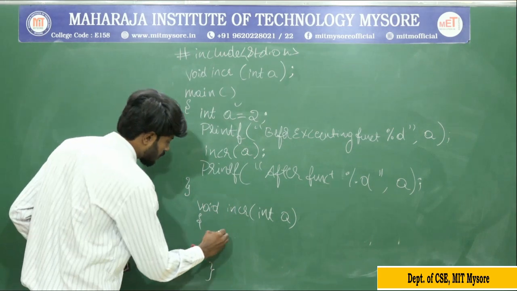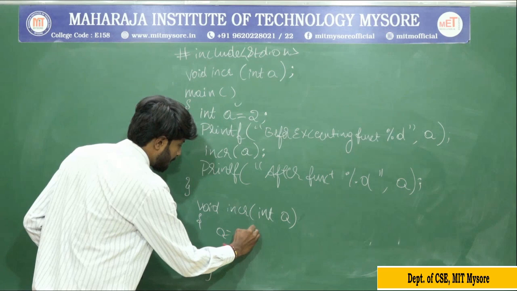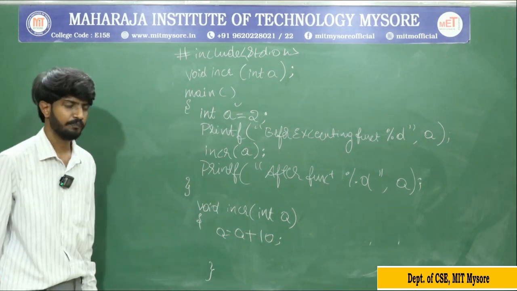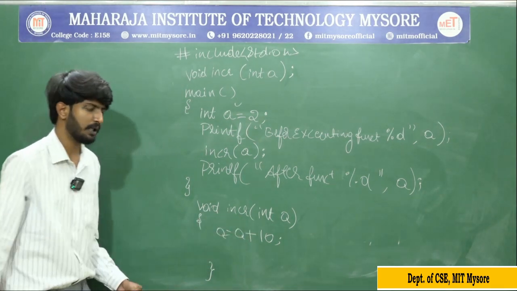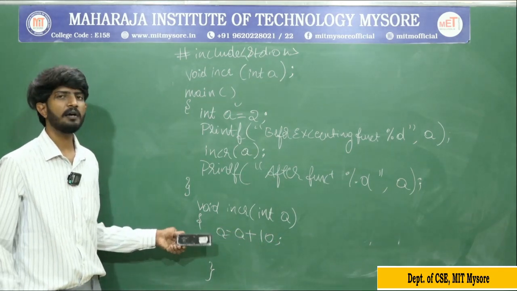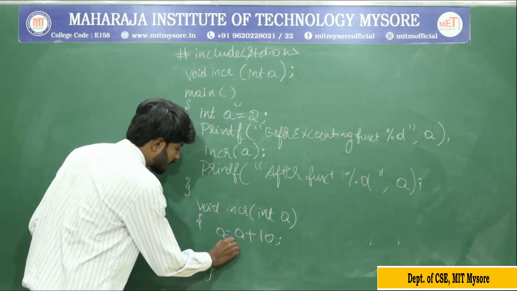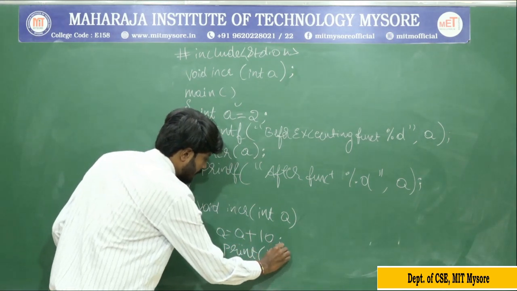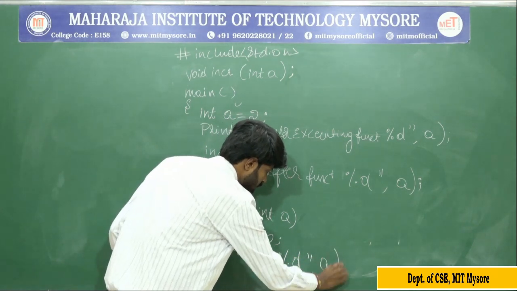I will assign a is equals to a plus 10, which means a is 2, 2 plus 10 is 12. So the value of a will be changed to 12. I will print the value of a here.